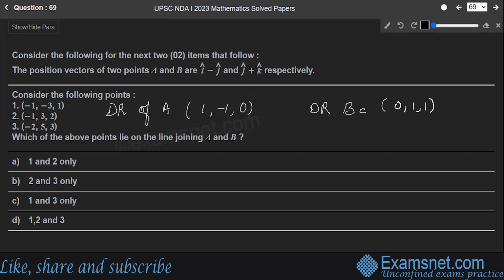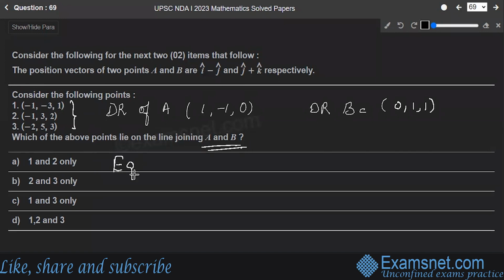Now consider the given points. Which of these points lies on the line joining A and B?